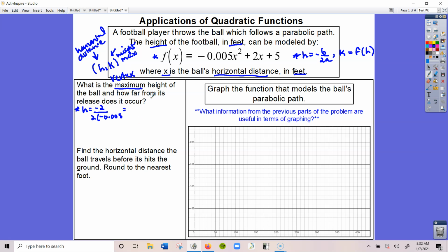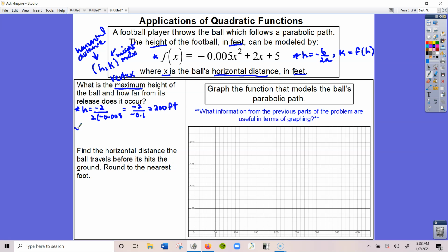If I work this out, 2 times negative 0.005 gives negative 0.1. And when we divide negative 2 by negative 0.1, we get 200. Remember that this h represents the horizontal distance in feet.